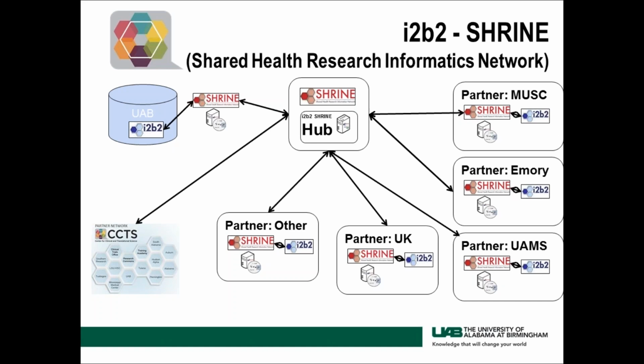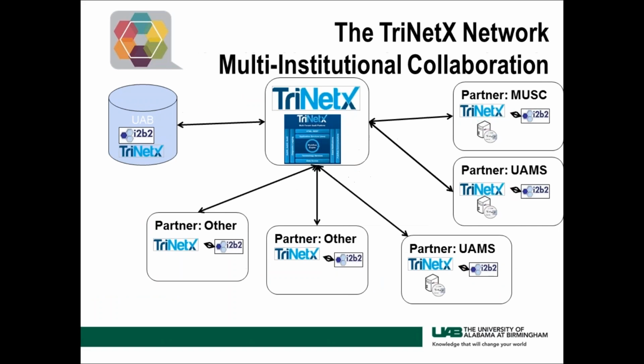And where I see huge opportunity is not just with our existing partners in the Southeast CTSA consortium, but also in our CCTS partner network, many of whom already have i2b2 infrastructure, some of whom are actually already participating in Shrine instances elsewhere. And there's huge opportunity to promote our multi-institutional collaboration opportunities there.